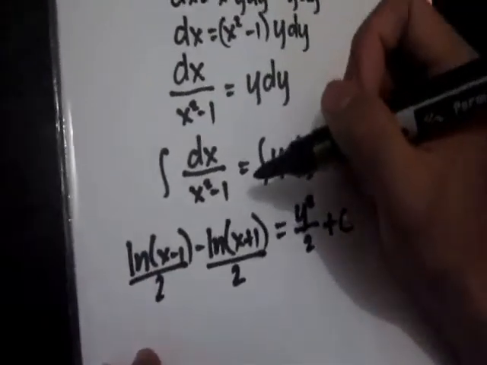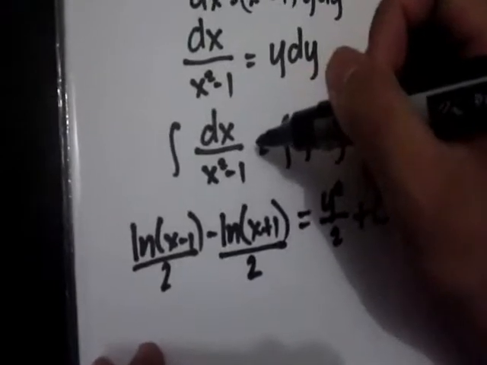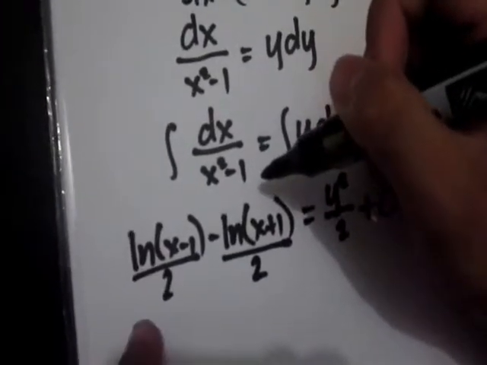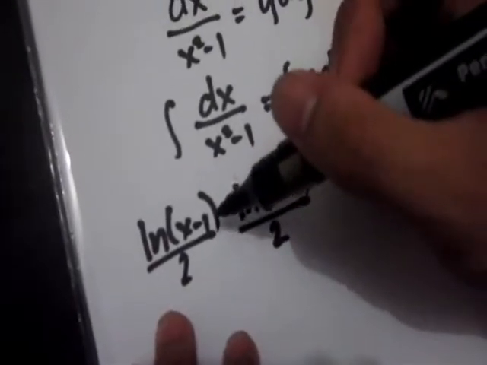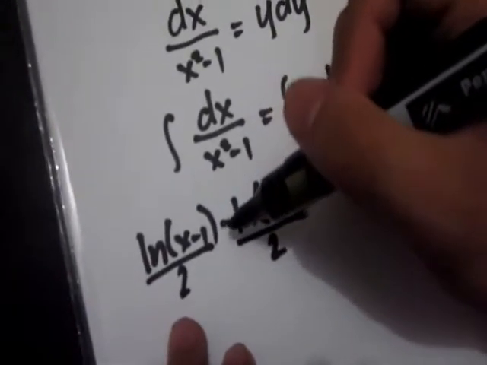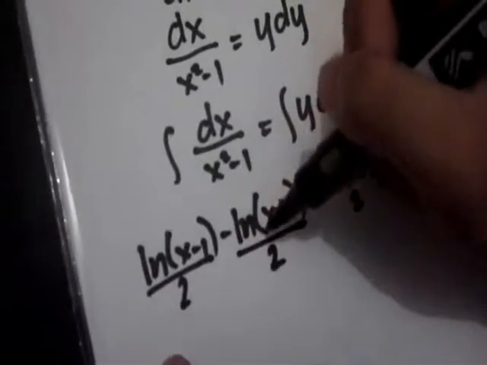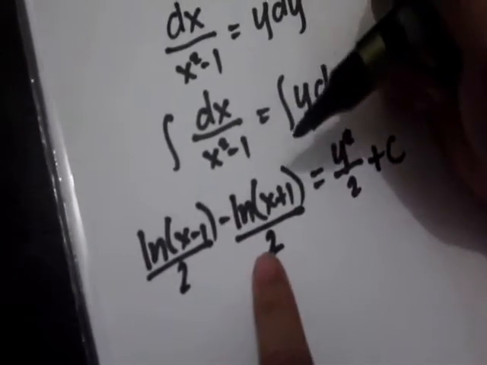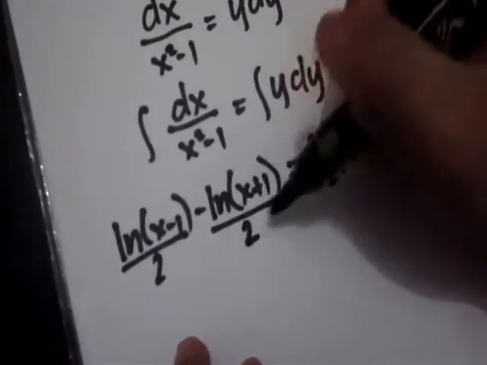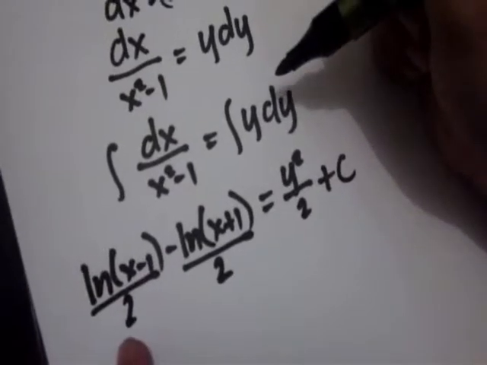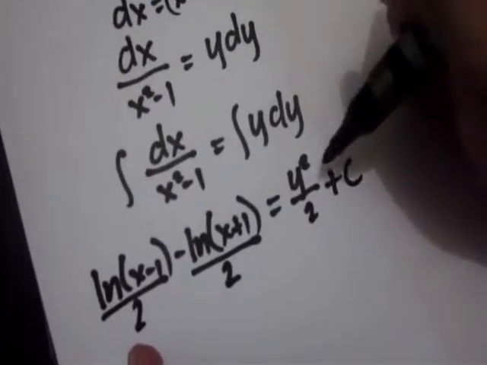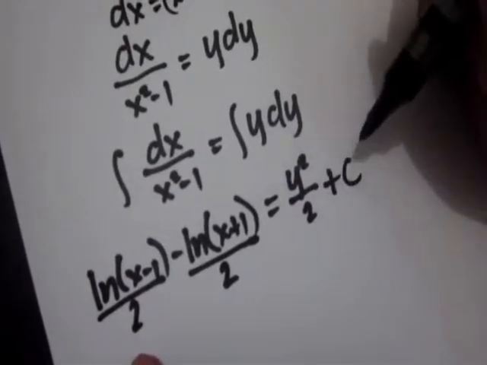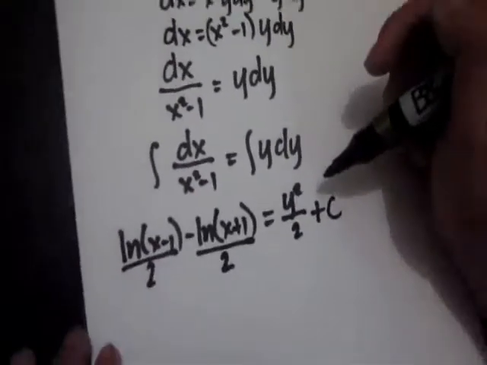By using partial fractions, the integral of dx over x squared minus 1 will result in the natural logarithm of x minus 1, all over 2, minus the natural logarithm of x plus 1, all over 2. And simply, the integral of y dy is just y squared over 2 plus the constant c.